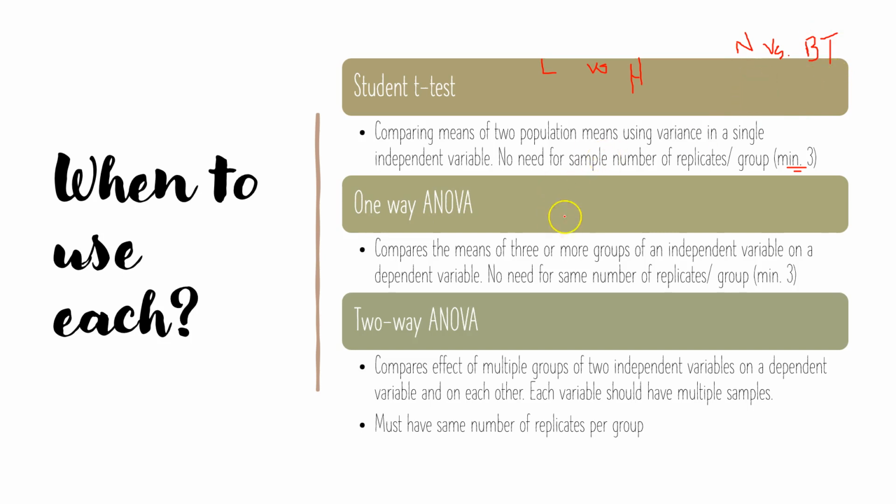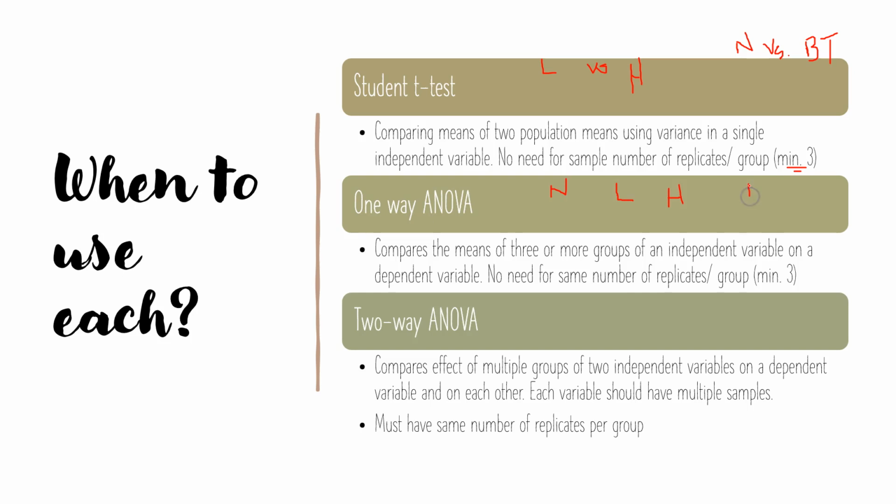That's it. However, let's say that I want to compare normal patients, that is normal brains with no brain tumor, and then I want to compare low versus high grade brain tumor. Well, now I have 3 groups. Student t-test can only be done for pairwise comparison. So I can't do that in here.